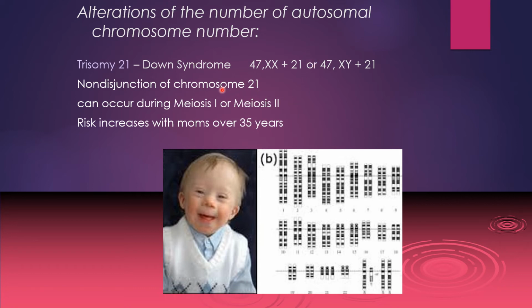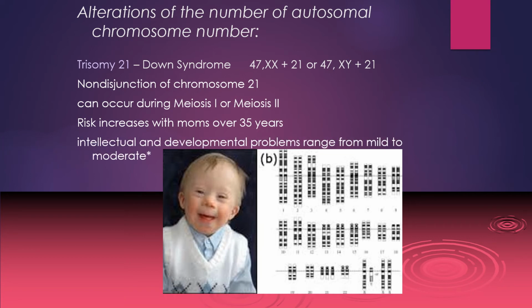That is a result of non-disjunction. It can occur during meiosis 1 or meiosis 2, as you've seen, and the risk increases with moms over 35. We know that we see intellectual and developmental problems, and they can range from mild to moderate.